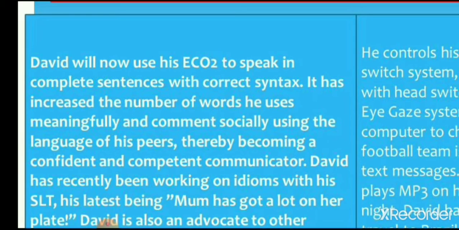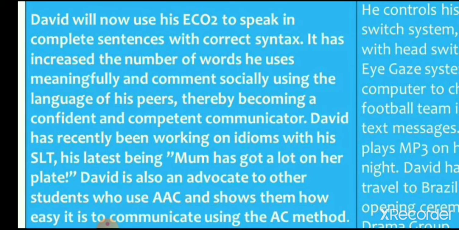David used Echo 2 to speak in complete sentences with the correct syntax.